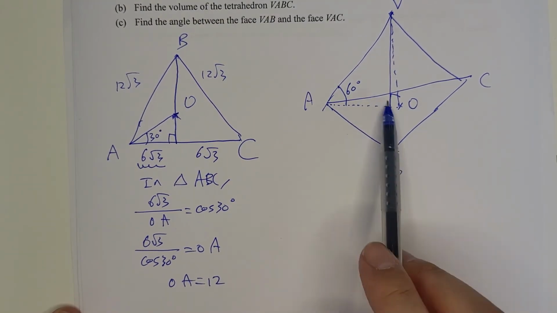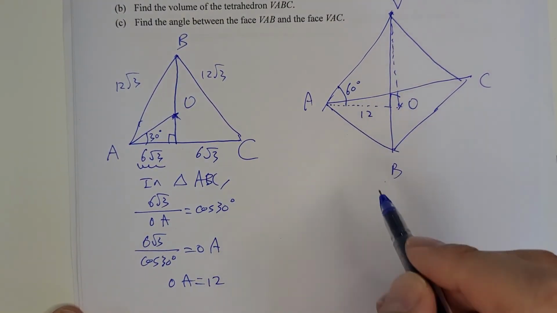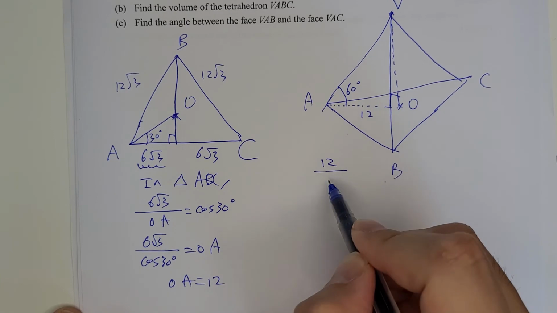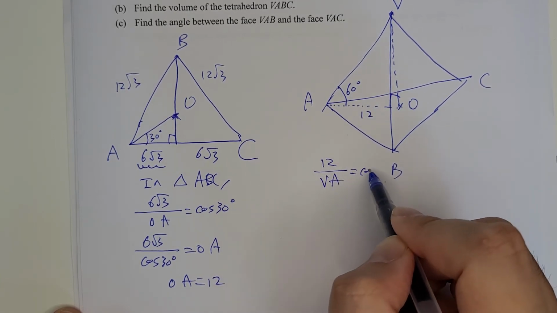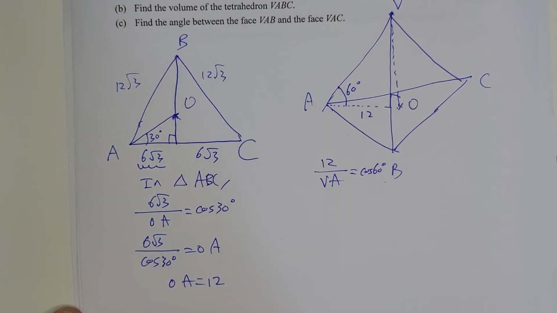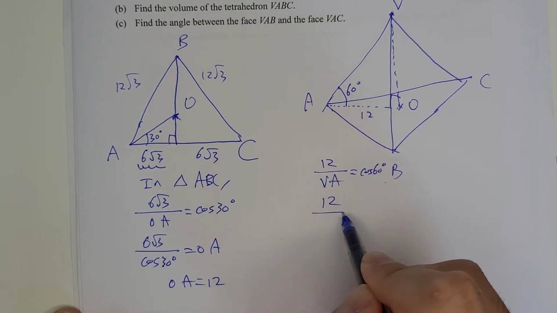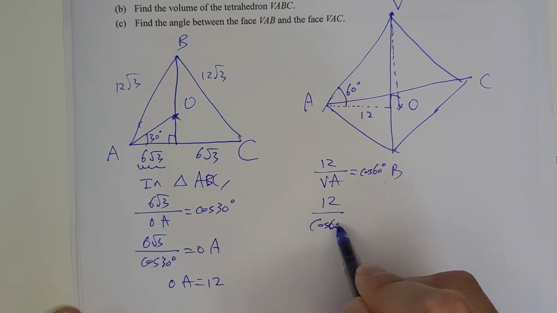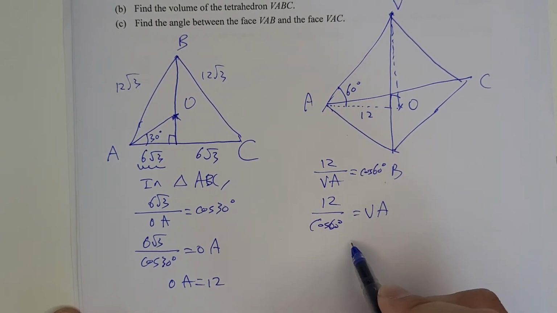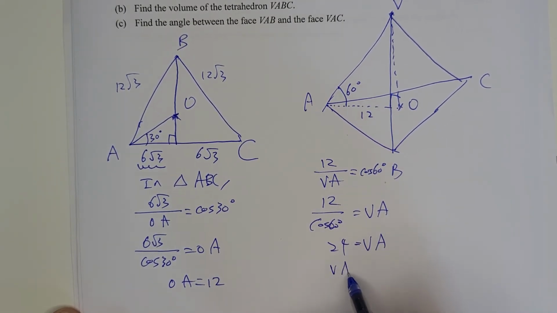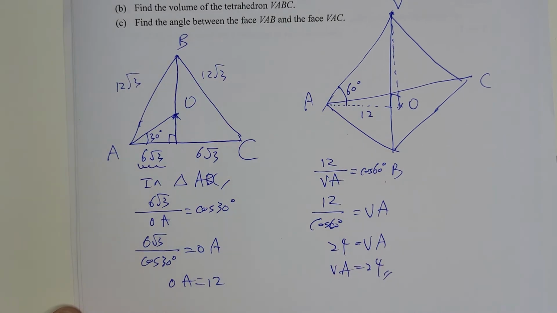And now go back to this figure. OA is 12, so 12 over VA, that is cosine 60 degrees, and 12 over cosine 60 degrees, that is VA, so VA, that is 24. Okay, so finish.